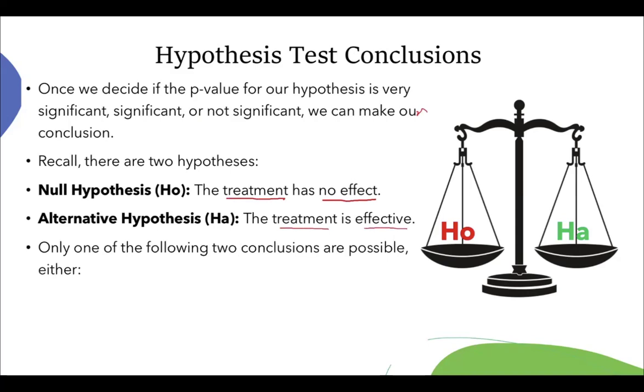When you make a conclusion, you're only going to state one of two conclusions. Either you state reject H0, which is reject the null hypothesis and accept the alternative hypothesis, or you state that you're failing to reject the null hypothesis. We're not going to change the way these are phrased. This is the established, accepted way to end a hypothesis test. Either reject H0 and accept HA, or fail to reject H0.